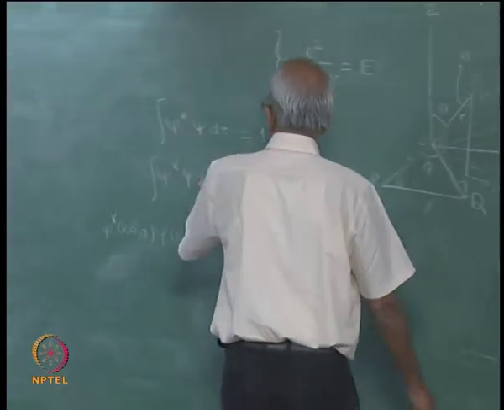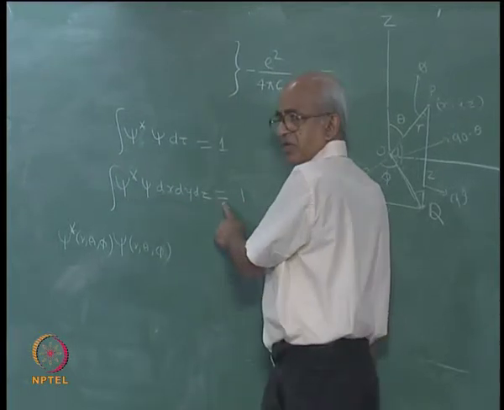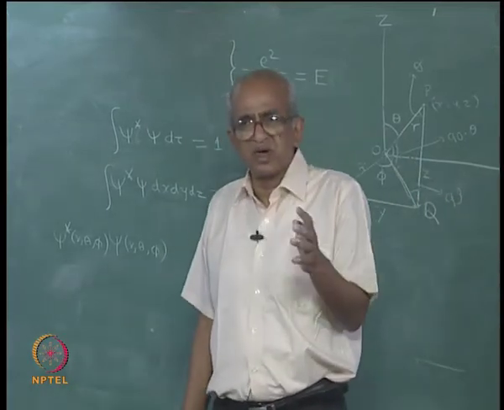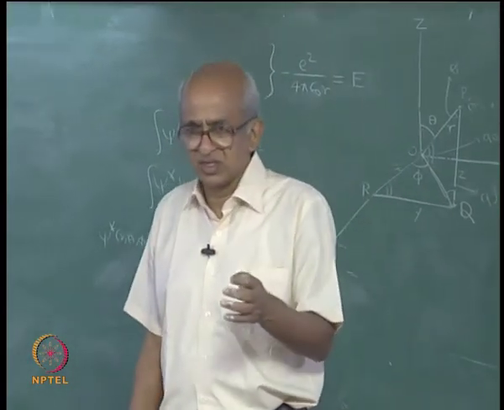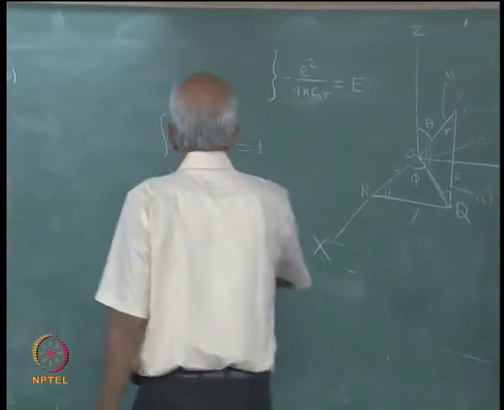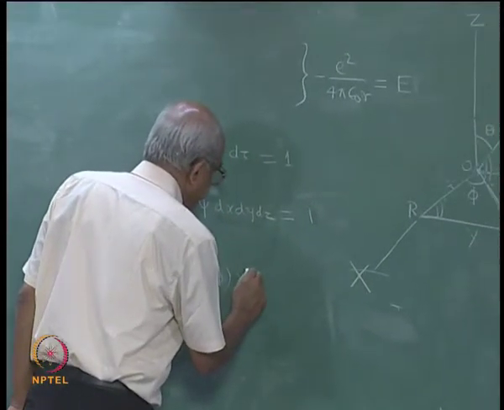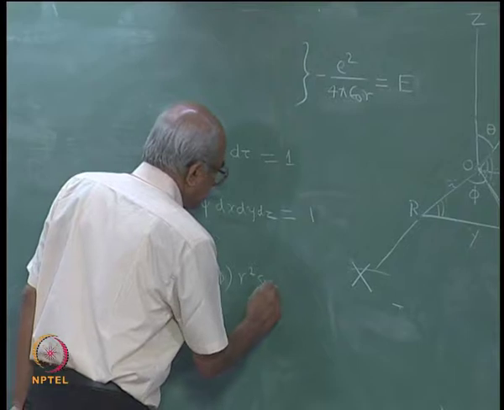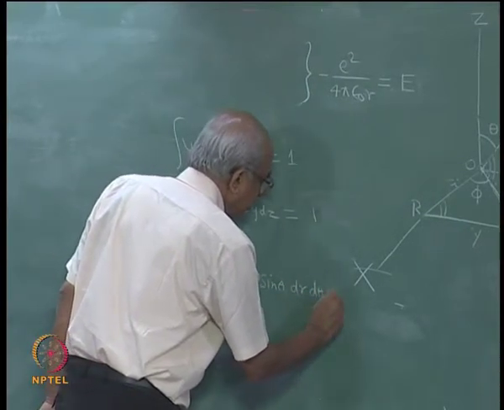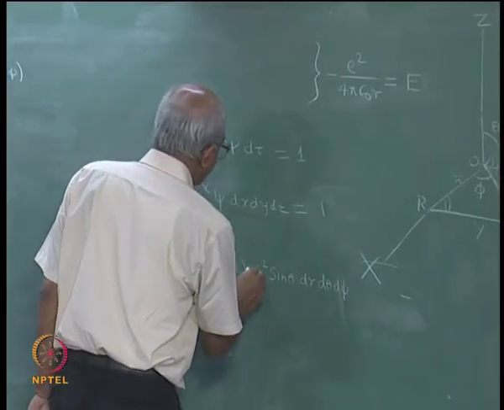Here the expression for volume element in terms of Cartesian coordinates is simple, it is just dx into dy into dz. The expression for the volume element in terms of spherical polar coordinates is slightly more complex. We will not discuss this, but I will just say that in polar coordinates what happens is that the volume element actually becomes r square sin theta dr into d theta into d phi. That is what happens. This is just your d tau.